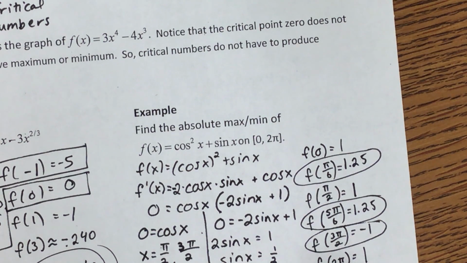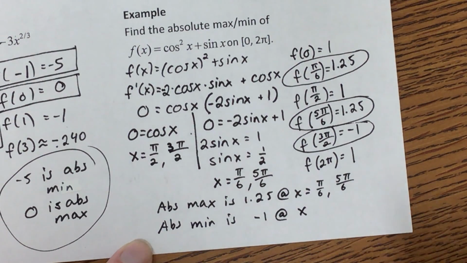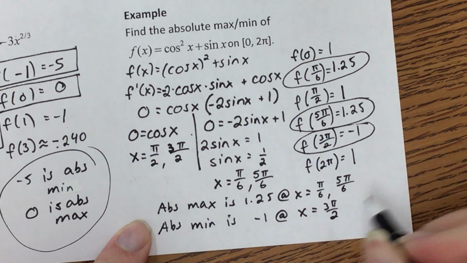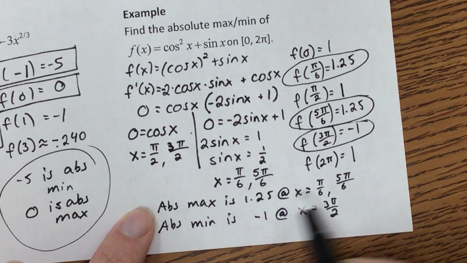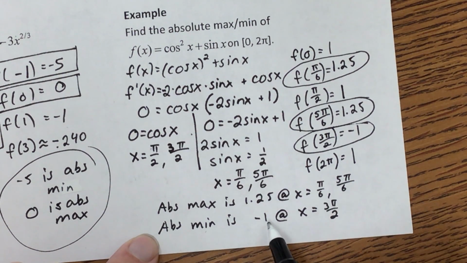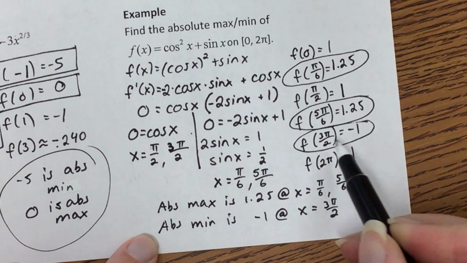Absolute min is the y value -1, and that happens at x equals 3 pi over 2. Absolute max is the y value at, and then these were the x values we plugged in. Absolute minimum is that y value -1, which happens at that x value that we plugged in.